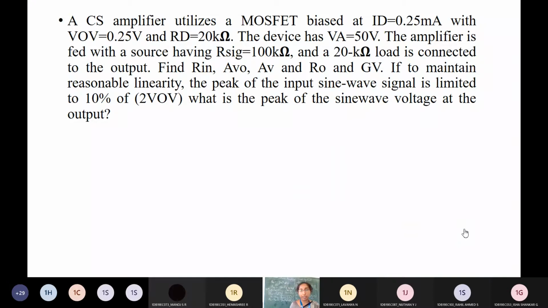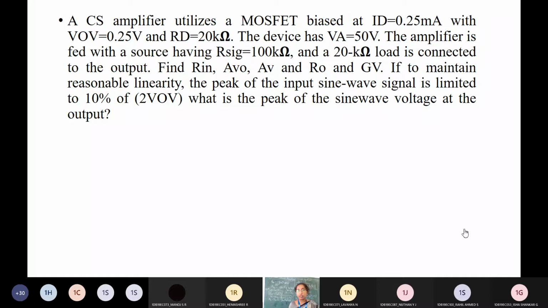The device has VA 50 volts. Amplifier is fed with a source having signal resistance 100K and a 20 kilo ohm load is connected to the output. Find Rin, AV0, AV, R0 and GV.